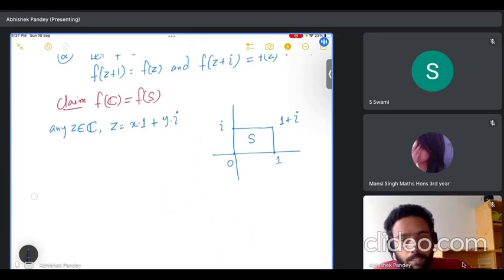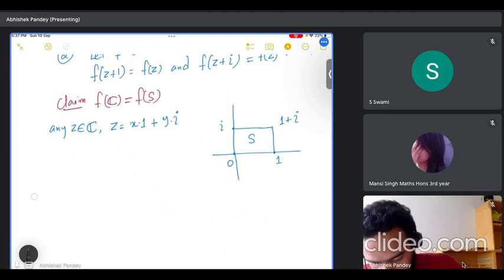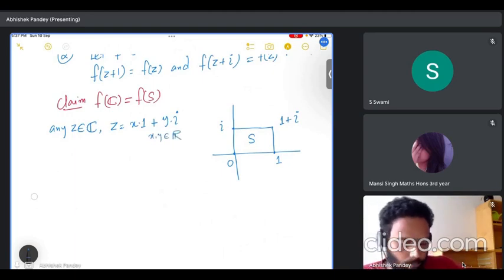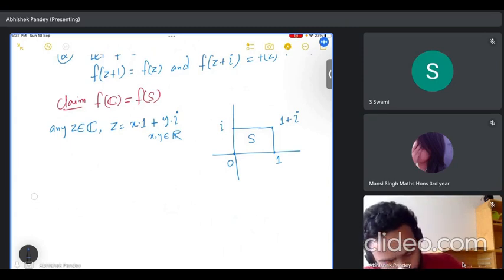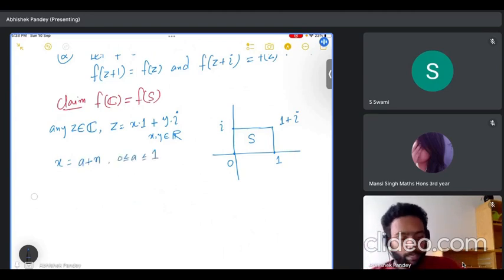So this is clear, where x, y belongs to R. Now x is basically a plus n, so a is in 0 to 1. Any real number can be written like this: a plus n.